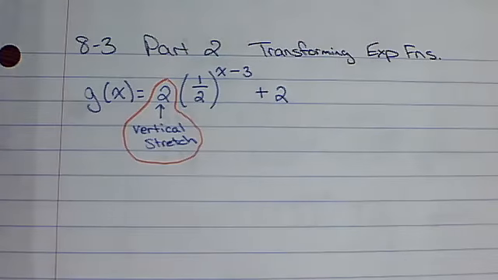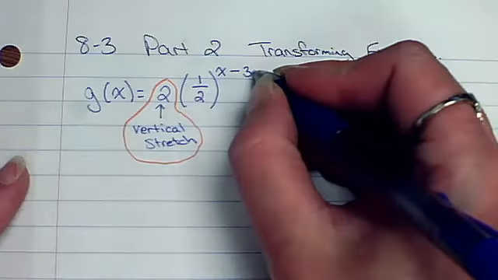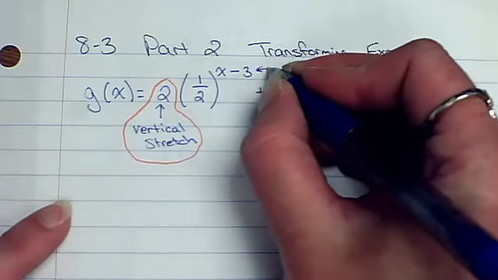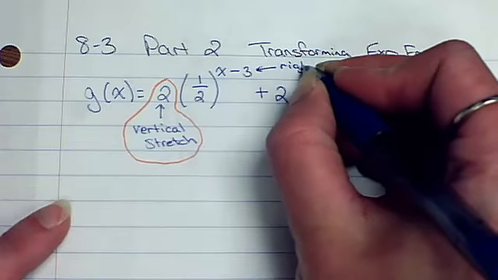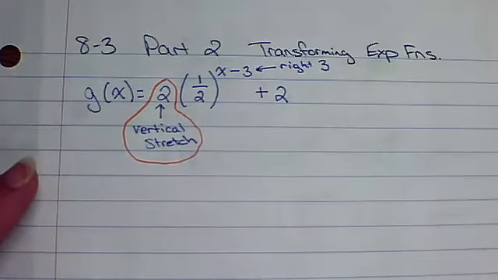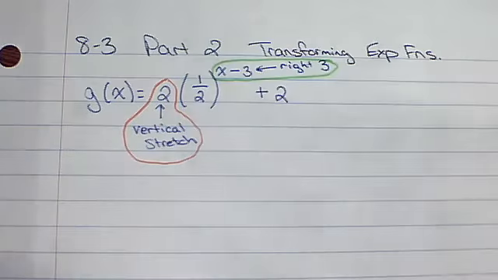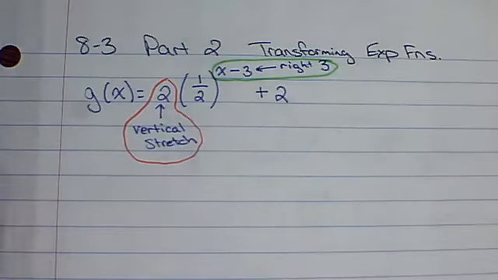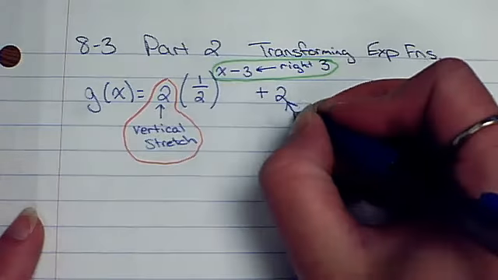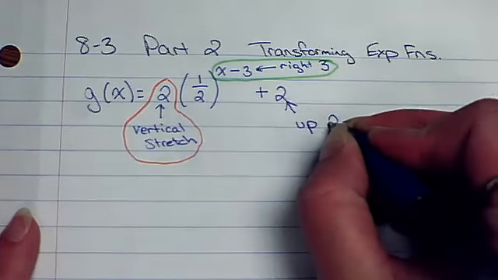Okay. The next part is this -3 up here. If we remember our rules, this is going to move me right 3. So let's choose a nice lime green. So when I talk about moving right 3, I'm going to use lime green. So everybody knows that's what that means. This last part is moving up 2.